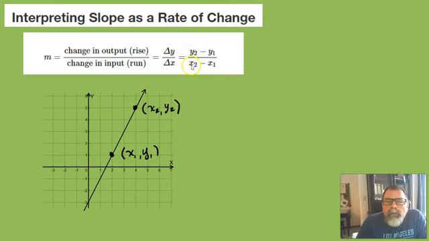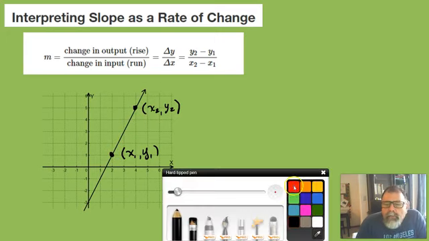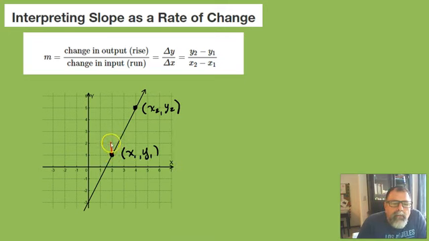Okay? So we're going to subtract the y-coordinates for our change in y and subtract the x-coordinates for the change in x. So if I wanted to find the slope between these 2 points, this is 2, 1. There's a couple ways you can do it. If I have it on a graph like this, going this way, that's my change in y. And then going this way, that's going to be my change in x.